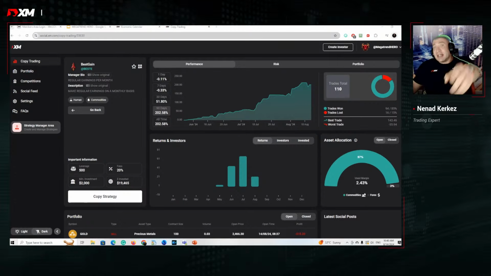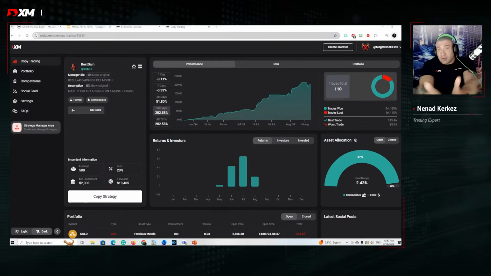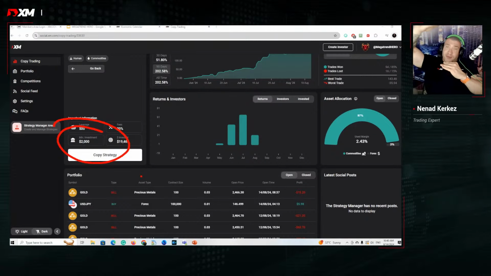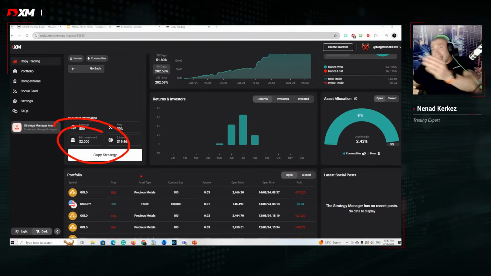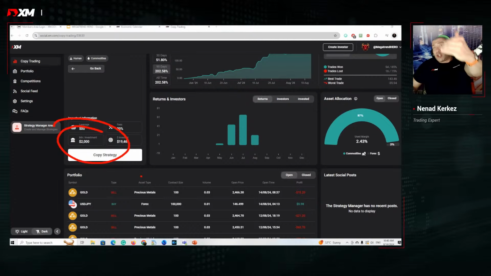And here, guys, these accounts that we are looking at, human based accounts, they need to be compounding in order to get more gains. That is why you have a minimal investment of 2,000. So it's good, guys, because you add profits to profits and you compound your account. Plus, it's easier for him or her, I guess it's a male, to actually manage that account if the minimal investment is not like 500 euros or 300 euros.